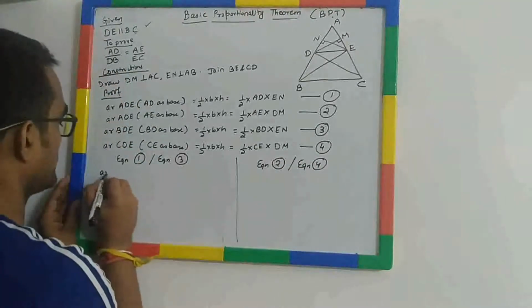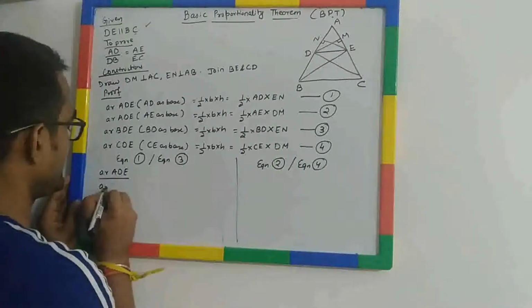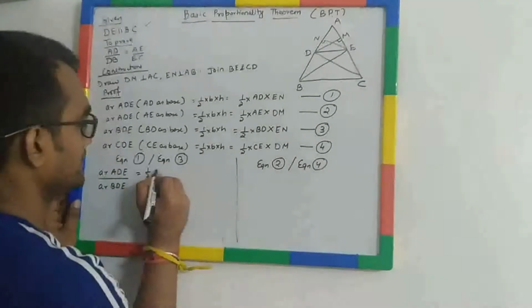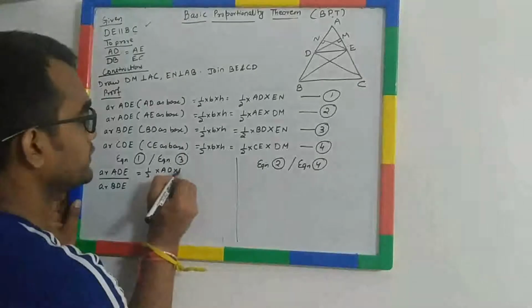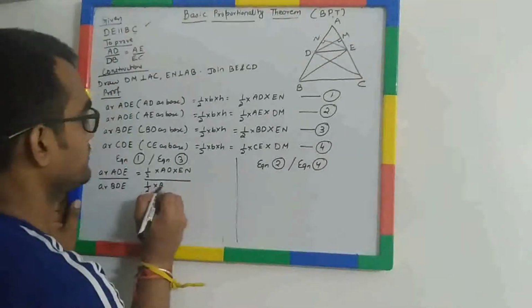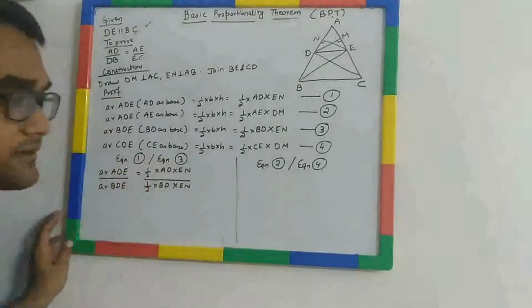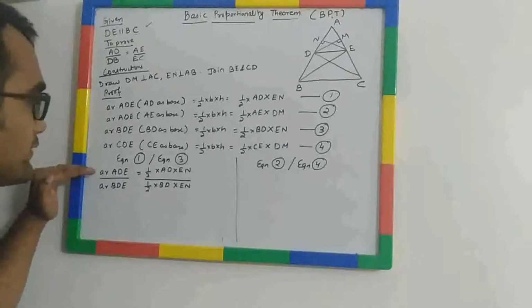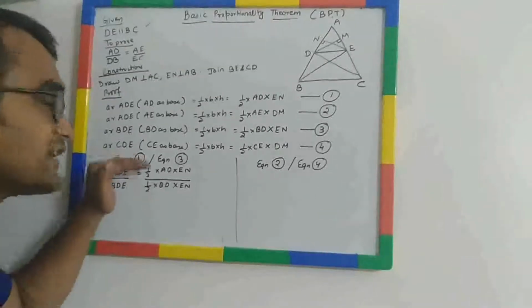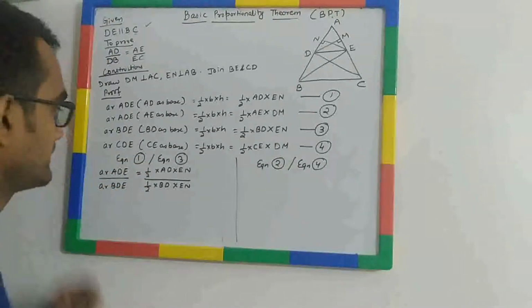So area of ADE upon area of BDE will be equal to half into AD into EN upon half into BD into EN. While dividing two equations, we divide the left hand side of the first equation with the left hand side of the second equation, and the right hand side of the first equation with the right hand side of the second equation.